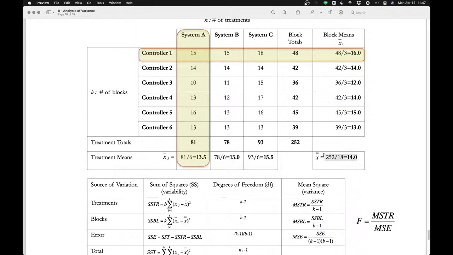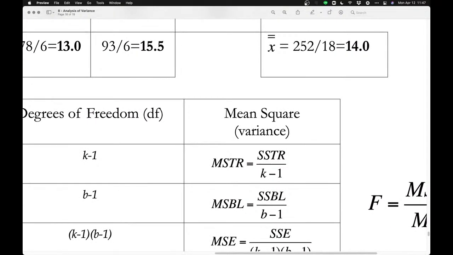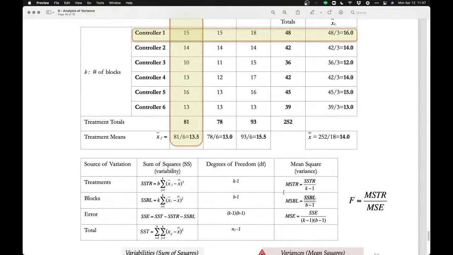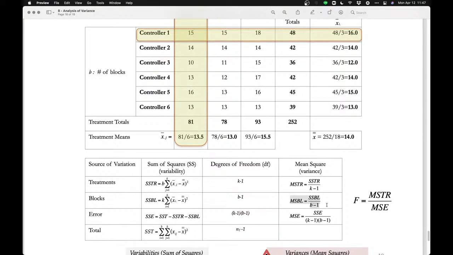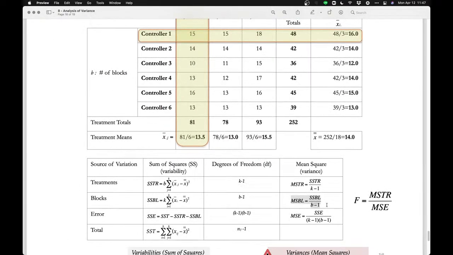The grand mean is the mean of all our data, okay? And we will do this row by row for all 6 blocks. And this will give us variability, the numerator, for the blocks, and variance when we divide by degrees of freedom for the blocks. Okay?